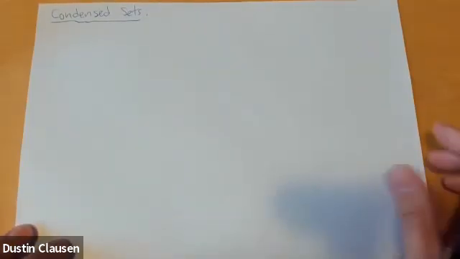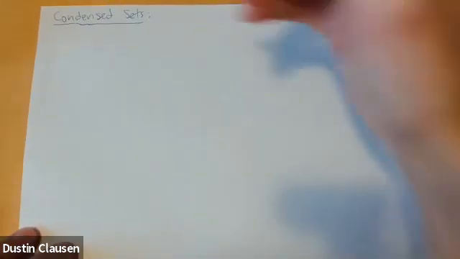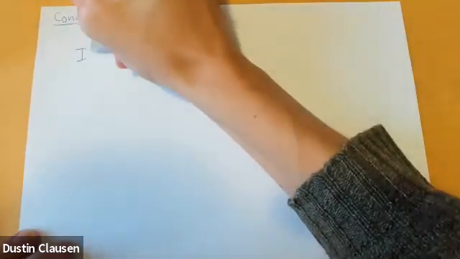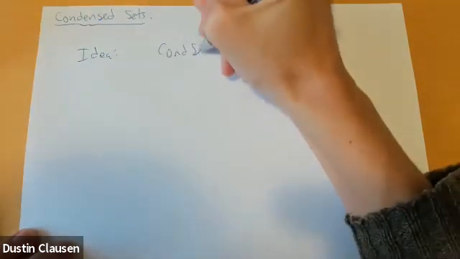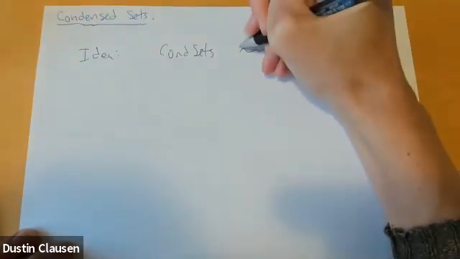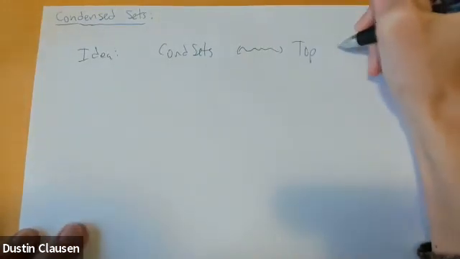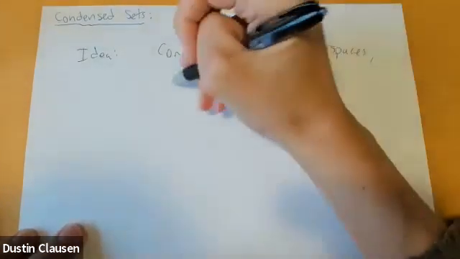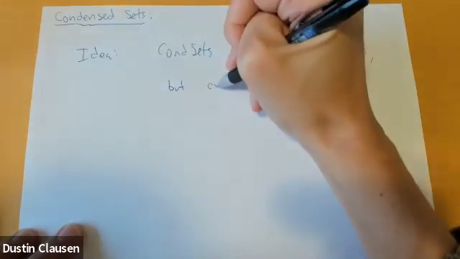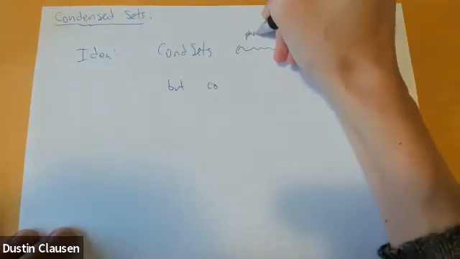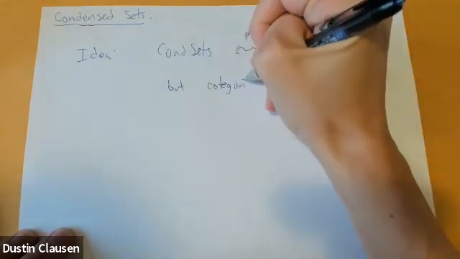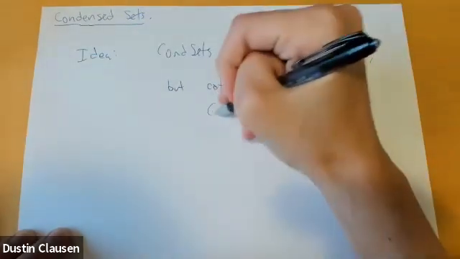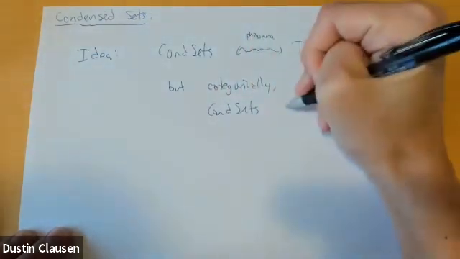Yes, okay, thanks. Right, so I'll be talking about condensed sets here. Let me recall the idea, which is that condensed sets capture much of the same phenomena as topological spaces, but categorically, in terms of categorical properties, condensed sets are more similar to sets.